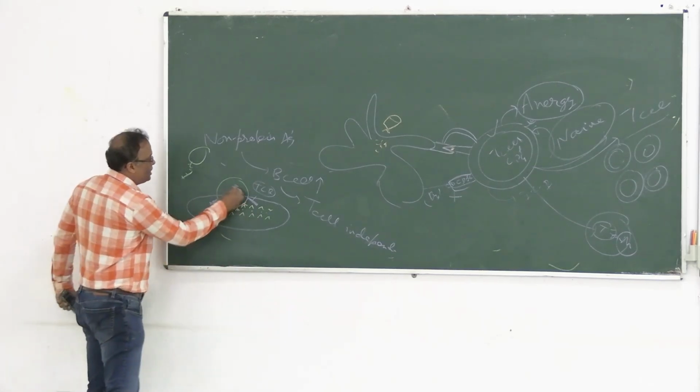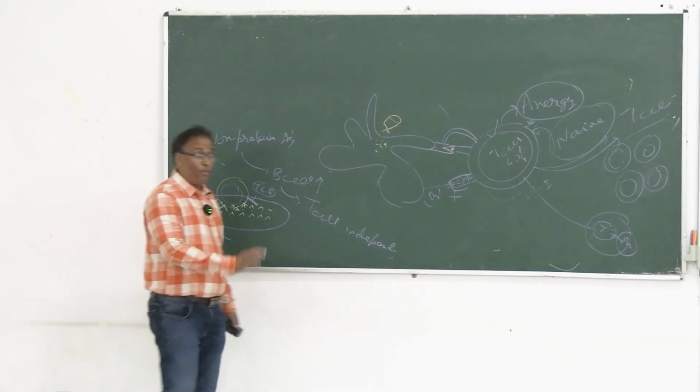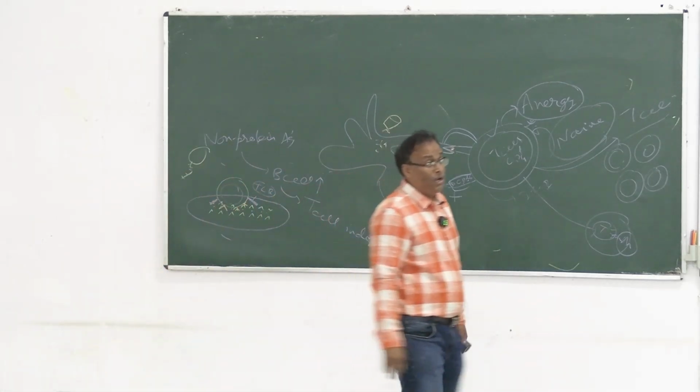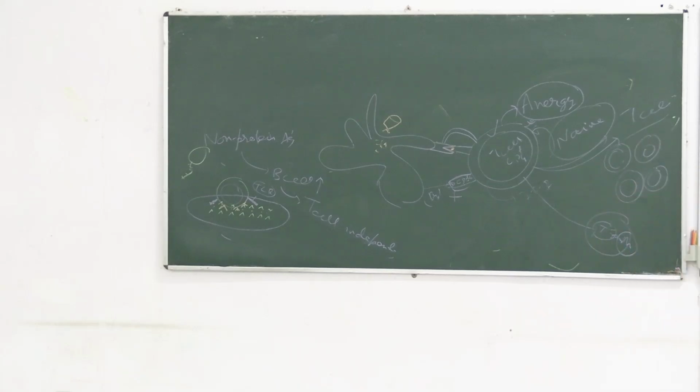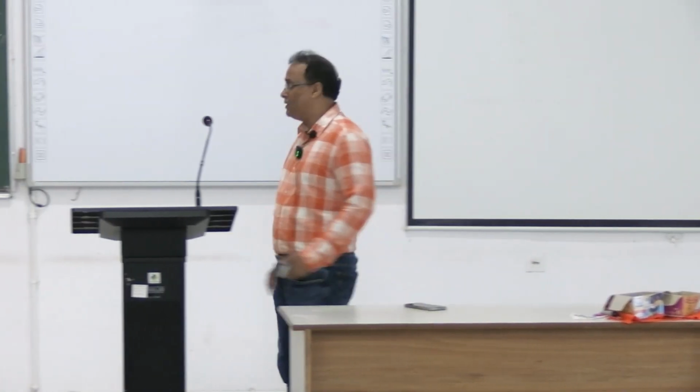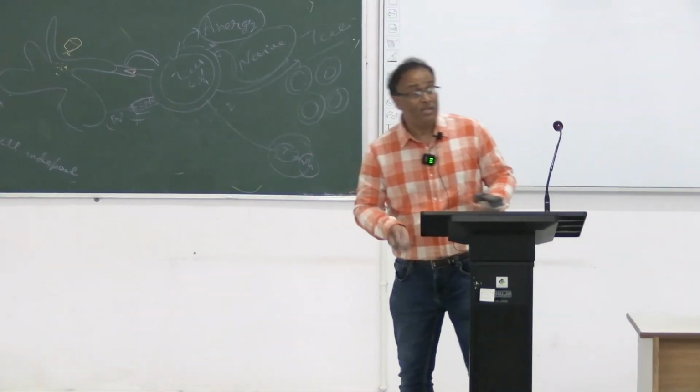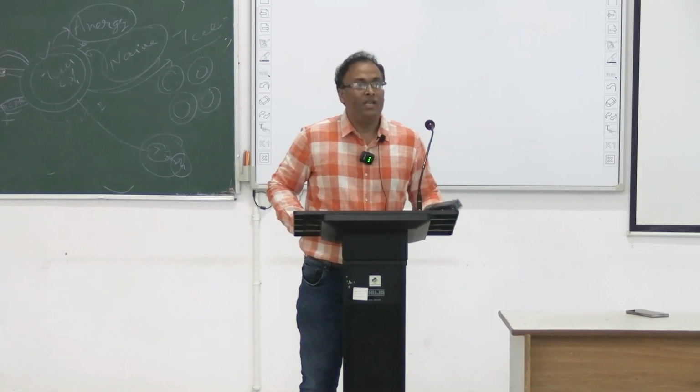Understood? Once the B cell is activated, it will proliferate and differentiate into antibody producing plasma cells. You cannot forget these; in vivas they ask a lot where the plasma cell comes from. Then the plasma cell produces the antibody, and the antibody directly binds the antigen, forming an antigen-antibody complex and causing damage. Not only that, it acts as an opsonin. I said C3b is an opsonin, and antibody is also an opsonin.